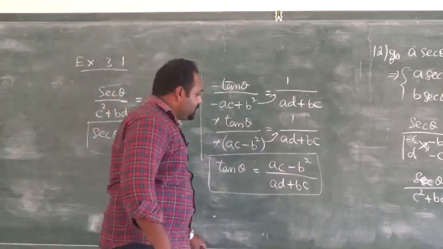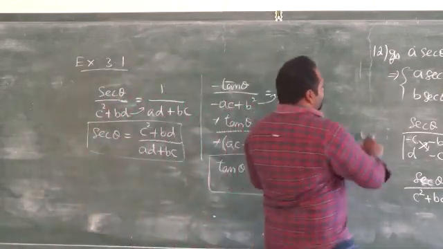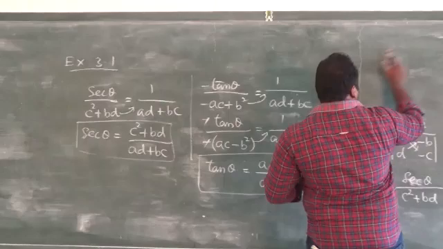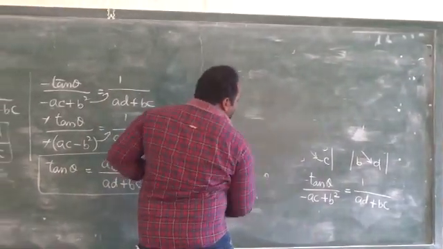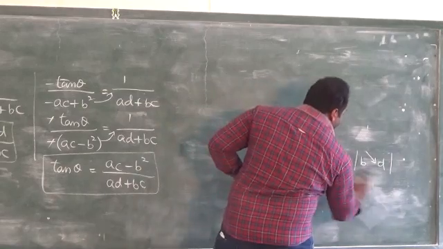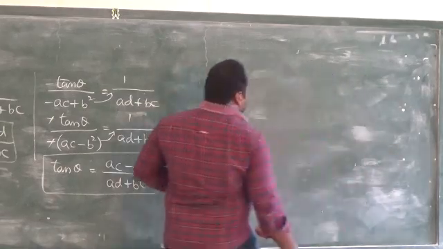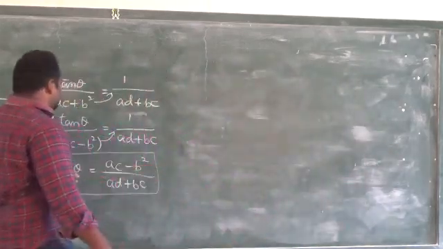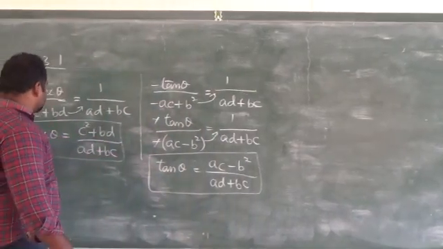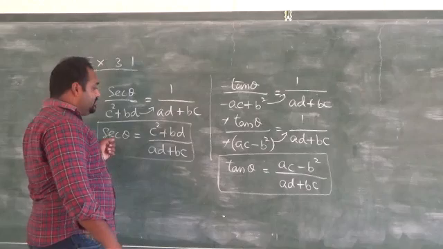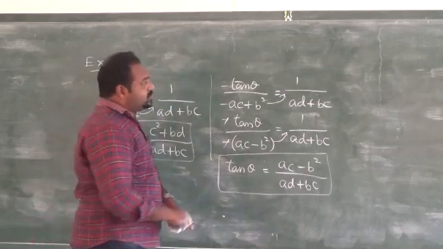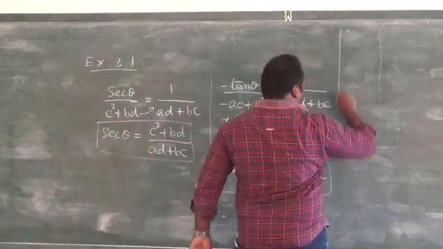Next, here our aim is to eliminate theta. The answer is supposed to have only the values, not the theta value. Without theta we cannot write secant and tan, so everything will be eliminated.